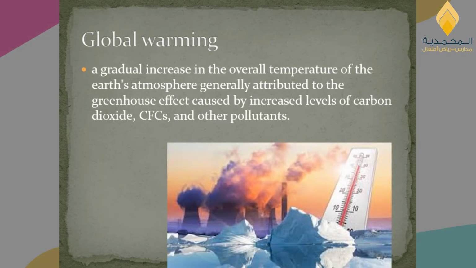Global warming is a gradual increase in the overall temperature of Earth's atmosphere, generally attributed to the greenhouse effect, caused by increased levels of carbon dioxide, CFCs, and other pollutants. So, most of the temperature changes and weather changes that we are dealing with nowadays go back to global warming.